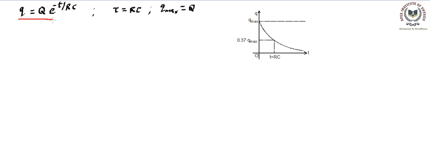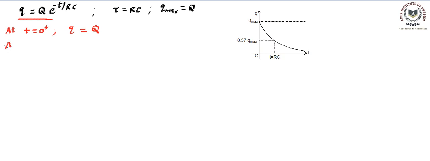Now here certain values we can talk about, like at t equal to 0. It's obvious, trivial, at t equal to 0, or you can say 0 plus, just after closing the switch. So when I say 0 plus, that simply means just after closing the switch. Then you'll find q turns out as capital Q. That means the charge was the maximum charge.